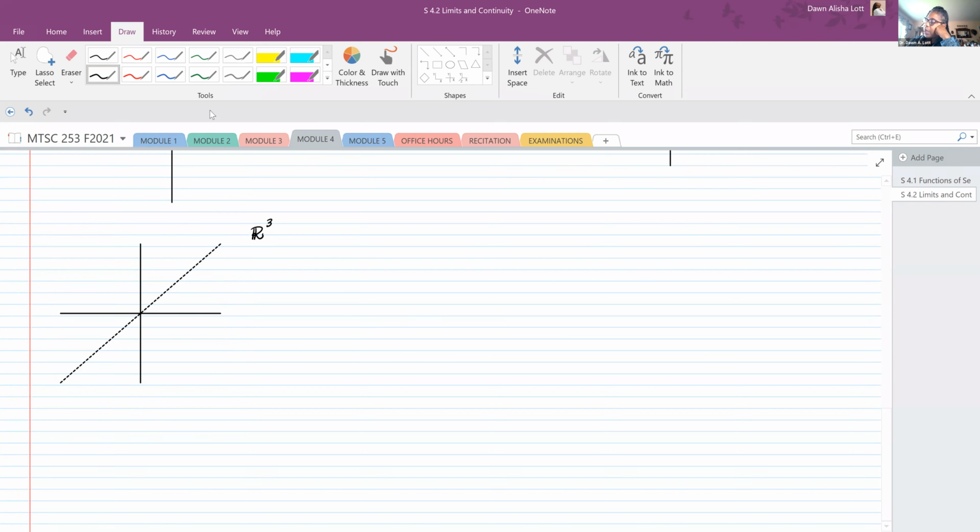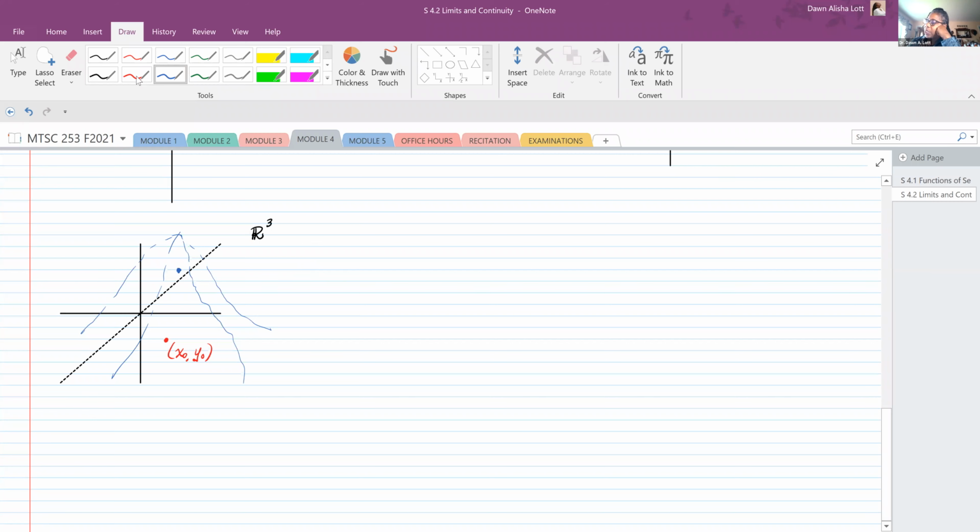In R3, I have an X and a Y. If I want to approach this point, here's my point, x naught, y naught. The problem is now I have some function floating over top. And maybe here's the value, that's f of x naught, y naught.